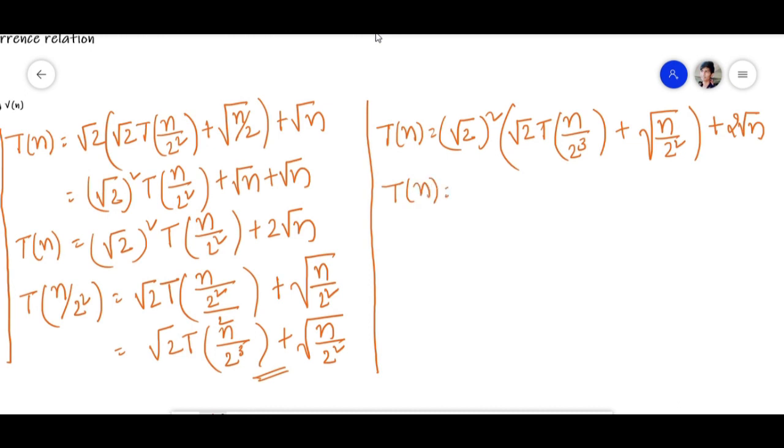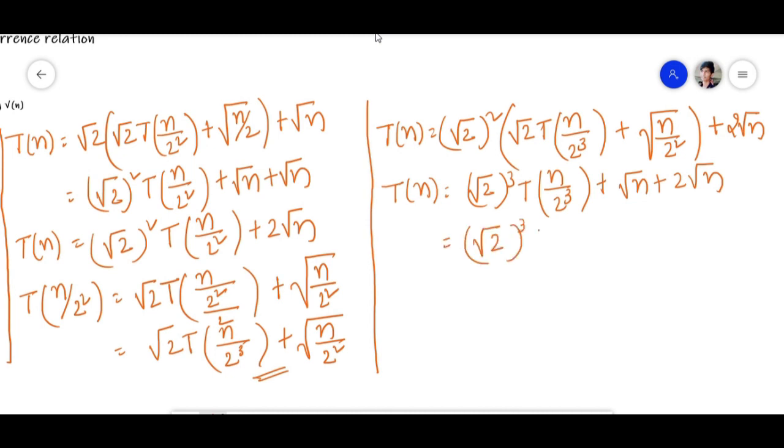Now T of n equals root 2 whole cube into T of n by 2 cube plus root n plus 2 root n, that equals root 2 whole cube T of n by 2 cube plus 3 root n.